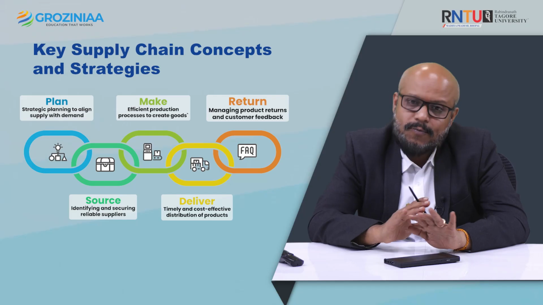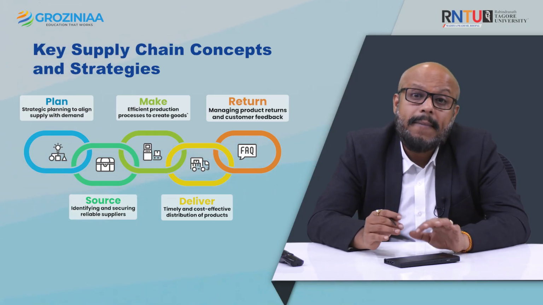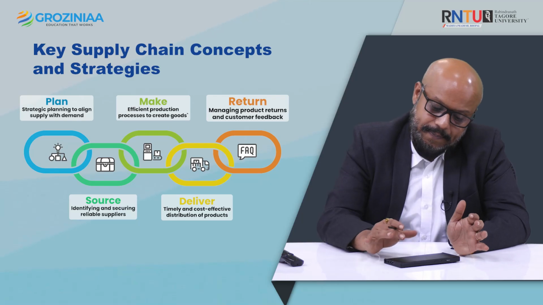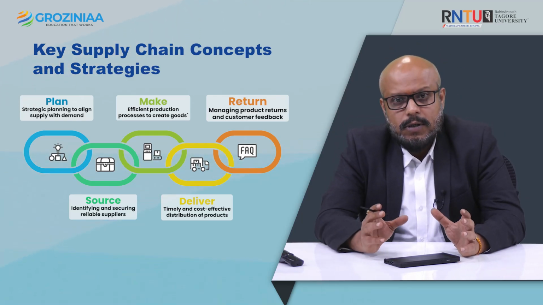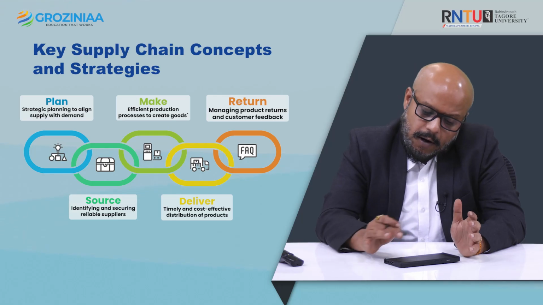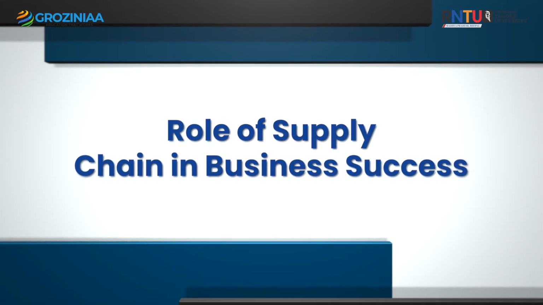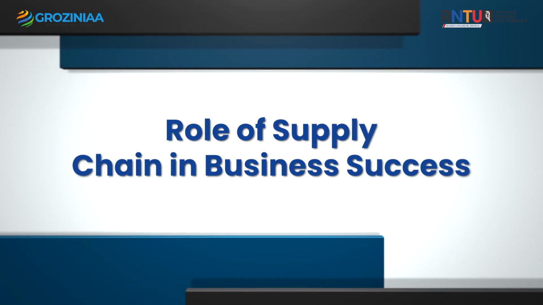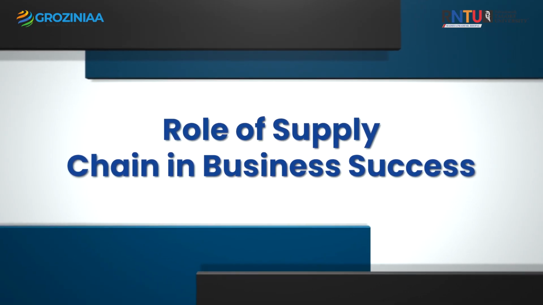And all these 4 things are dependent on supply chain management as a concept. Okay. So now, since we have understood the key concept of supply chain management and its components, let us now understand what the benefit of supply chain management is. Why is supply chain management required?